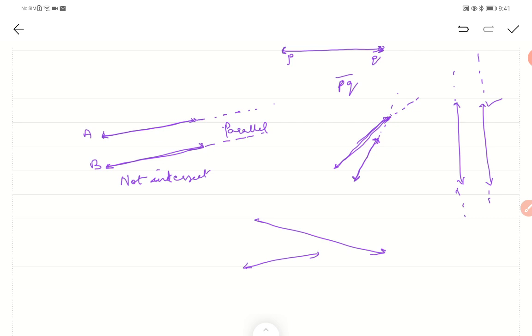Are they parallel? The answer should be no, because when you extend this line further, it is intersecting the other line at some point. So these are intersecting lines.